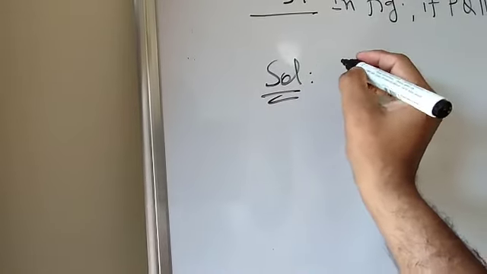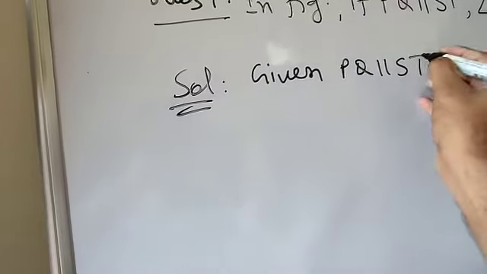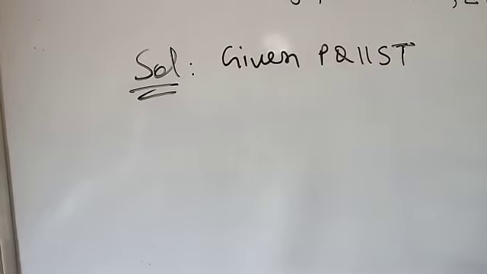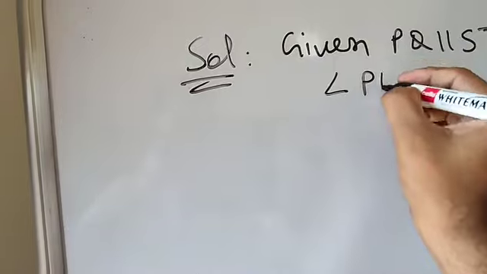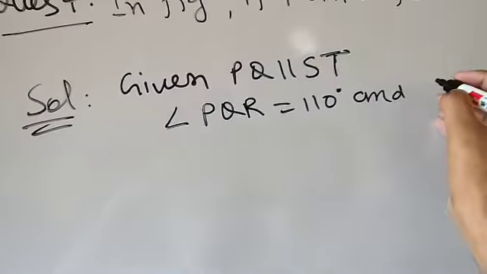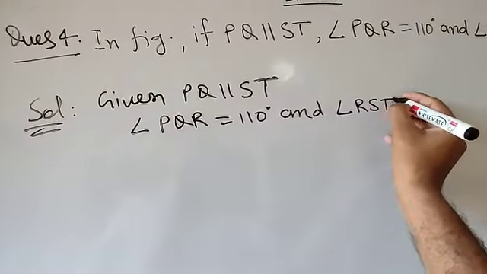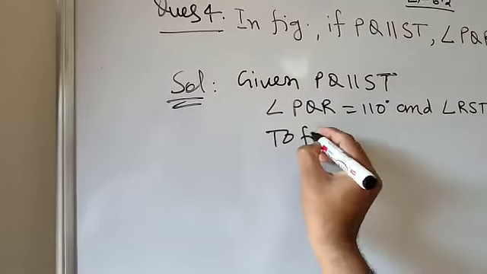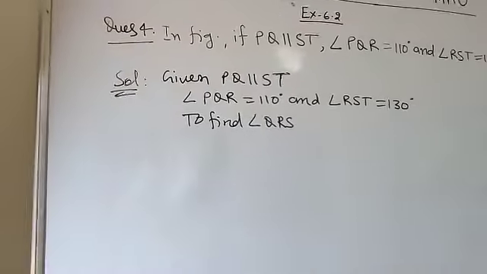In the question, it is given PQ parallel to ST, these two lines are parallel, angle PQR is equal to 110 degrees, and angle RST is equal to 130 degrees, and you need to find angle QRS. That angle you need to find.